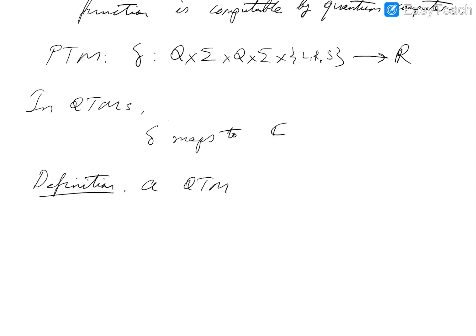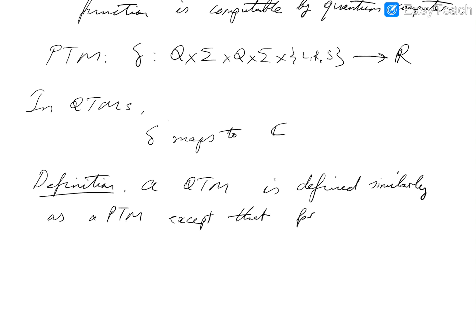A quantum Turing machine is defined exactly as a probabilistic Turing machine, except that for any Q1, A1 in Q times sigma, the summation of the modulus squared of the amplitudes should be equal to 1.